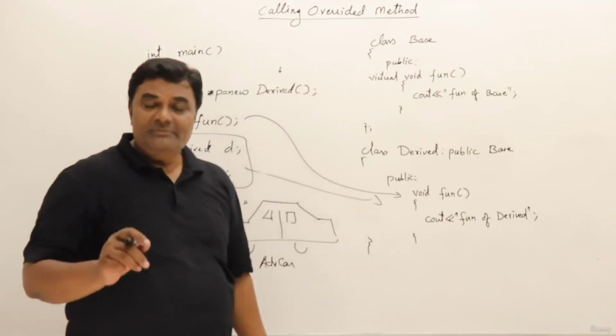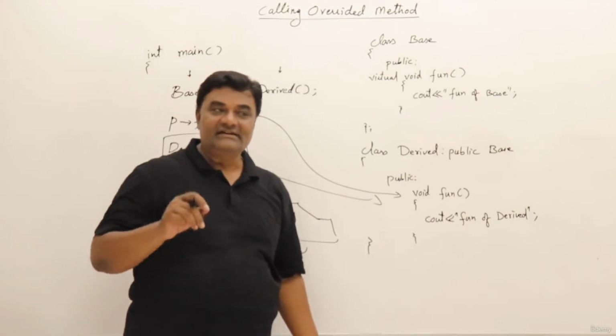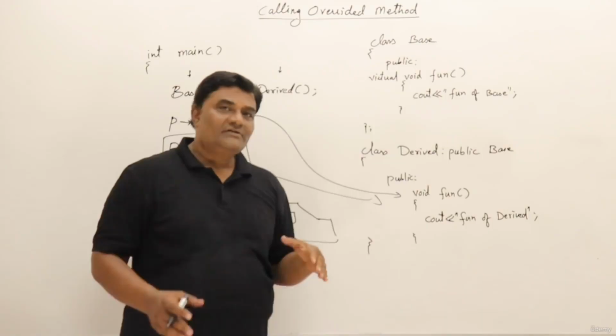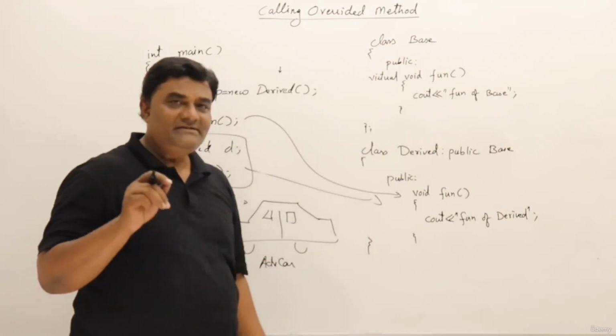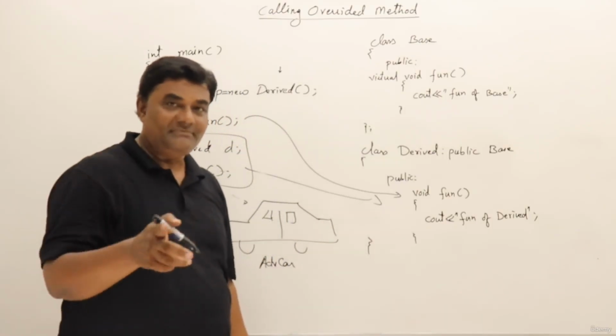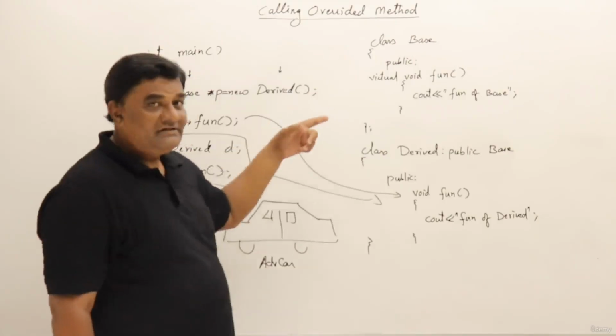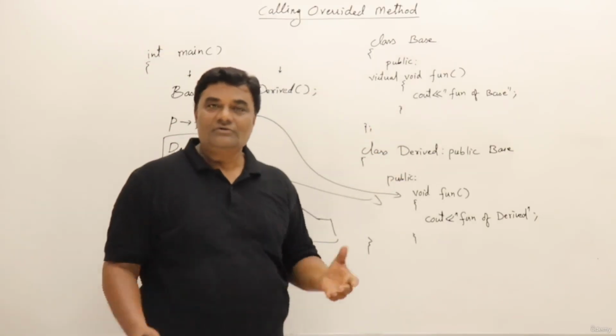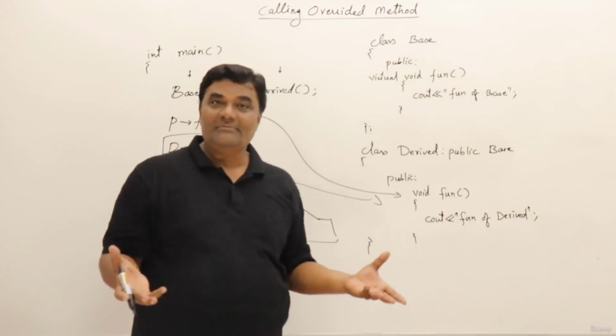So that's it. To make things work just like in the real world, you have to declare virtual functions. Now finally I can say that C++ allows two things to happen. Don't make it virtual, the base function will be called. Make it virtual, the derived function will be called. So everything is in the hands of the programmer now.